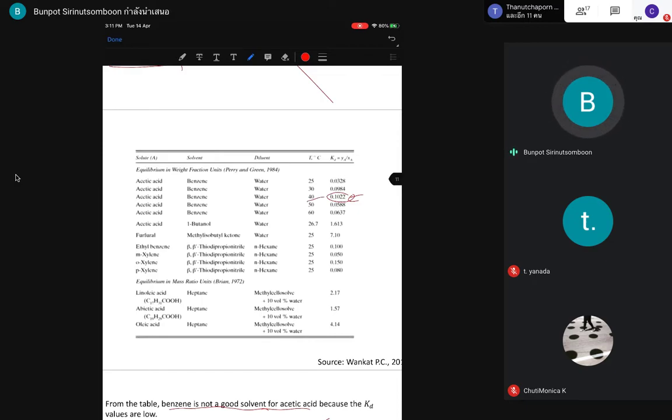So in this system, at a temperature of 40 it gives you the best result, the highest KD. So also in other systems, if you want to get the most extraction and the best result, you have to check the temperatures. Check to see at what temperature you get the best result, not just any temperature.